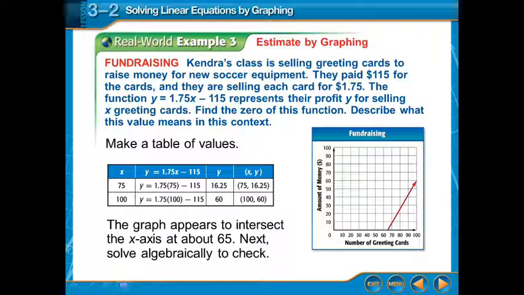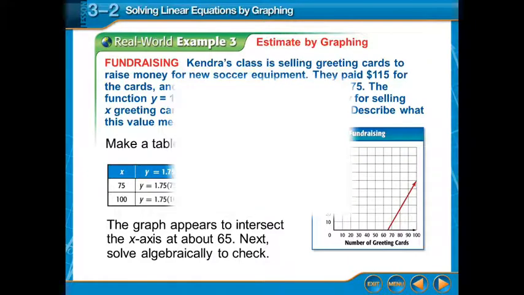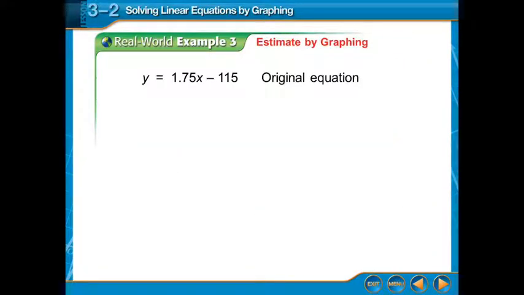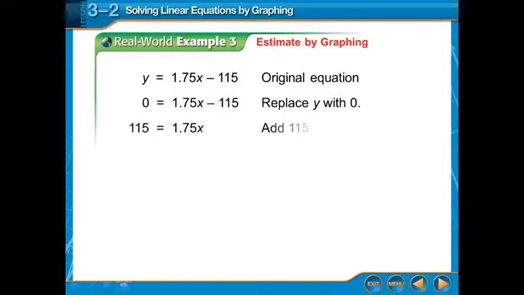So next, solve algebraically to check to see if you're correct. If we have y equals 1.75x minus 115, that's our original equation. We're going to replace that y with the 0, because if we put in 0, we're solving for the x-intercept.